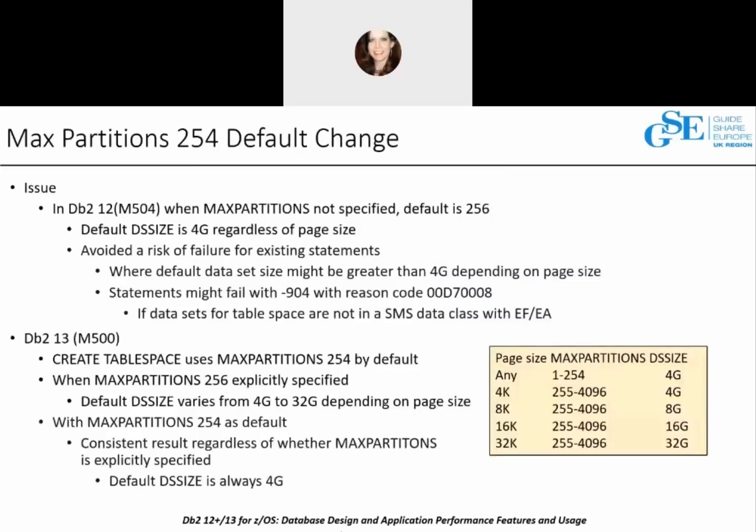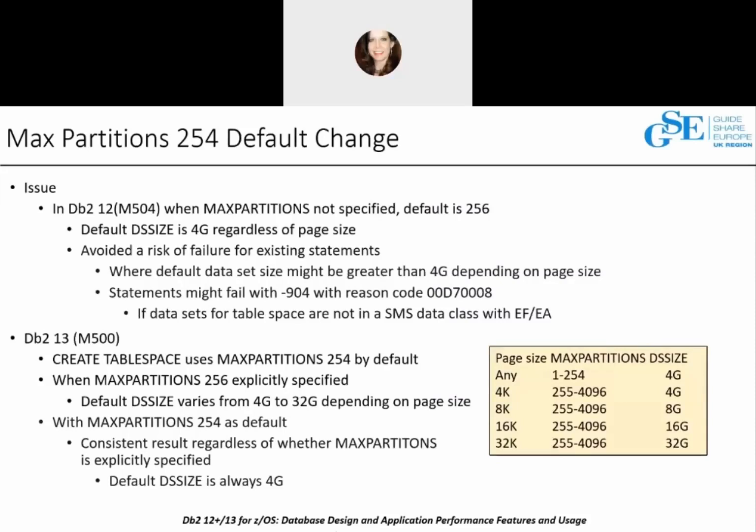Max partitions got a new default in version 13. In version 12 and 504, the default was 256, regardless of what was specified, and the DS size would default to 4 gig, regardless of the page size. This could result in a problem because with a max partition table space, it's using absolute page numbering, and that could lead to a problem with the relationship between the page size and the number of partitions that you could have.